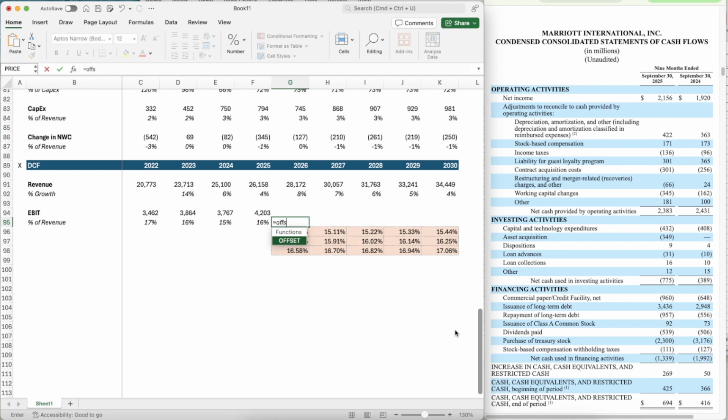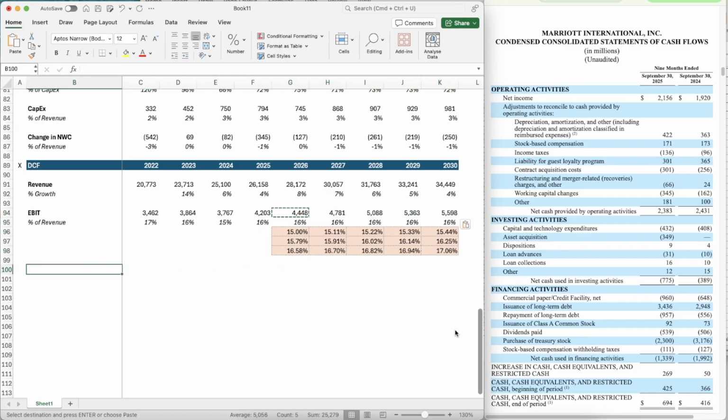This will equal offset the cell that we're in, E9. Did I say was it C70? You just take your revenue, you multiply it by your percentage of revenue, which is your EBIT margin.